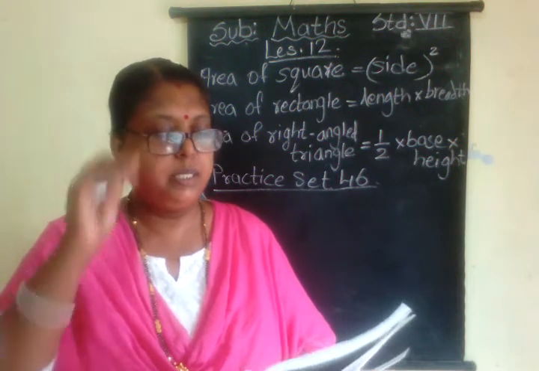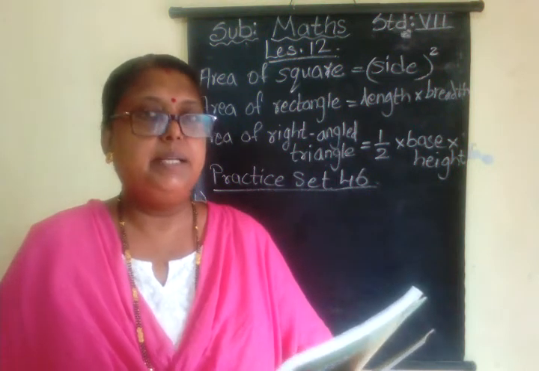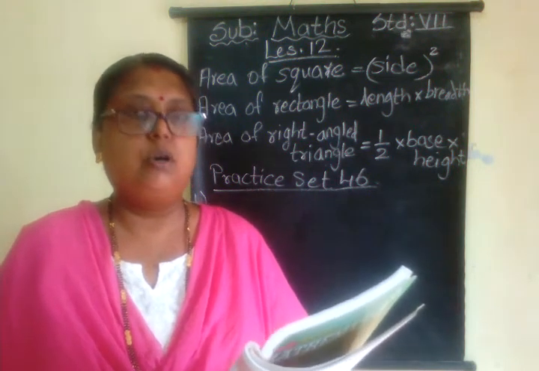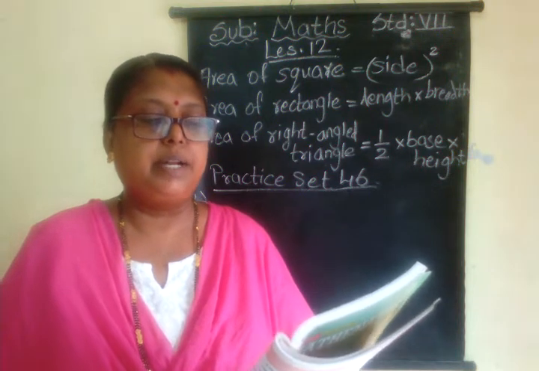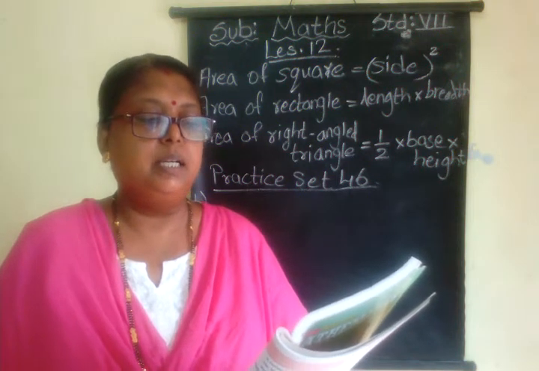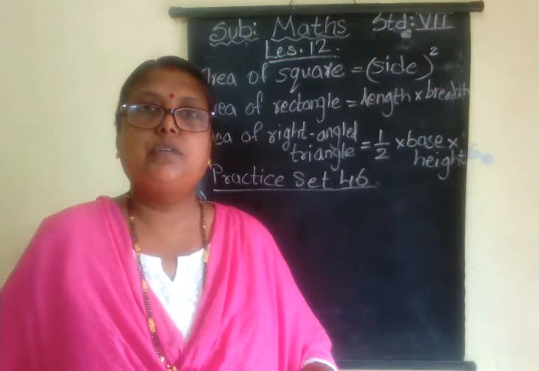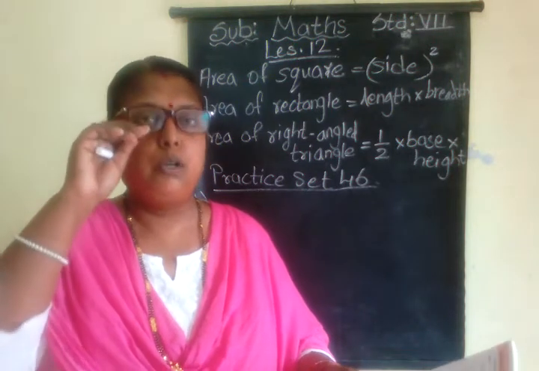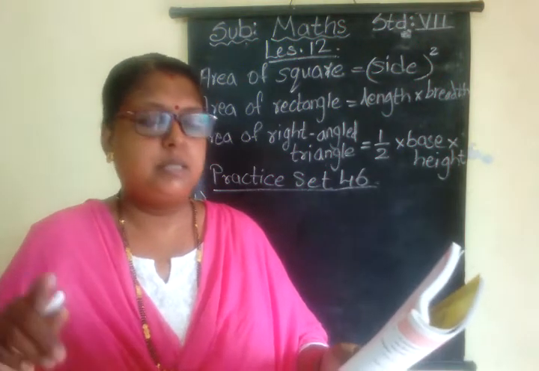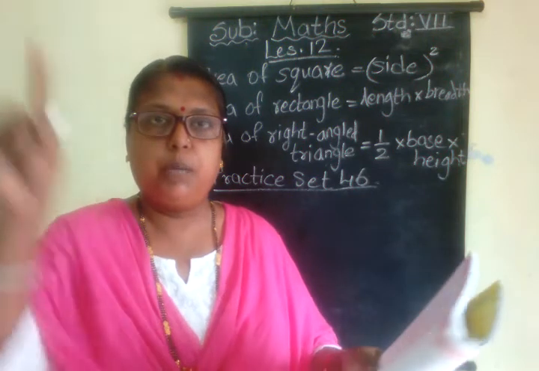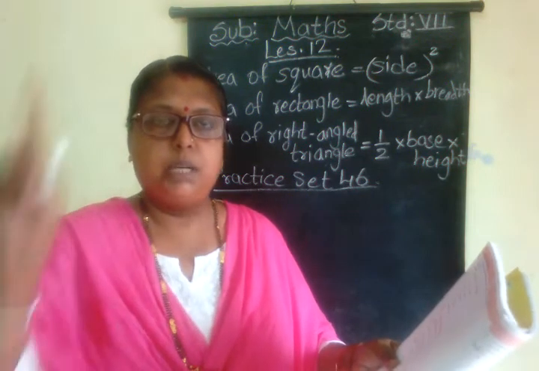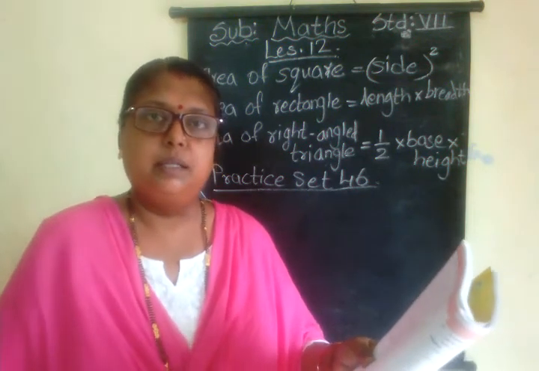Practice set 46. A page of a calendar is 45 centimeter long and 26 centimeter wide. What is its area? So if the page of the calendar is 45 centimeter long and 26 centimeter wide, what is the shape of that page? The shape comes to be rectangle.